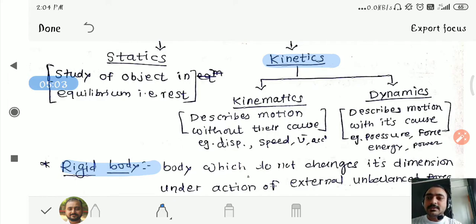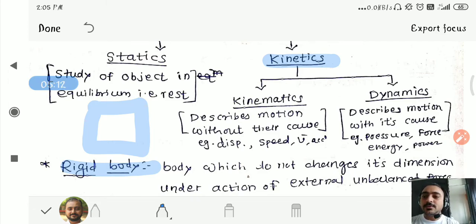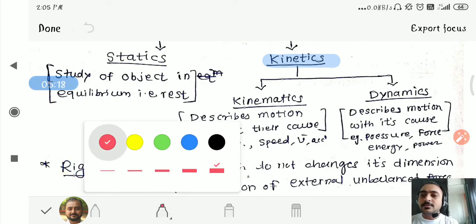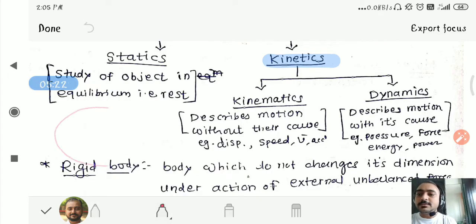Means what? Suppose we consider this body, which is a rigid body. This body is made up of a number of particles. Out of that, we consider these two particles.